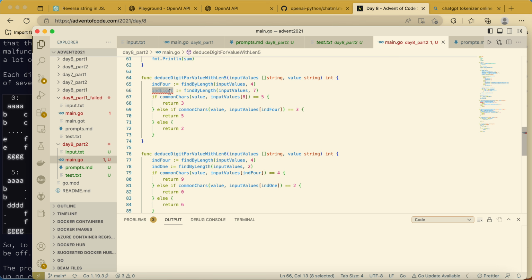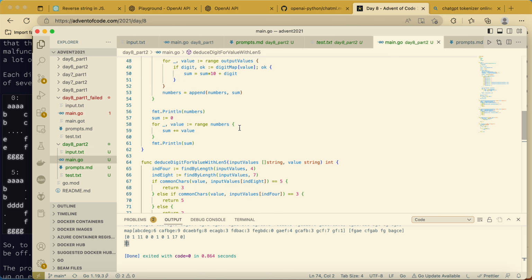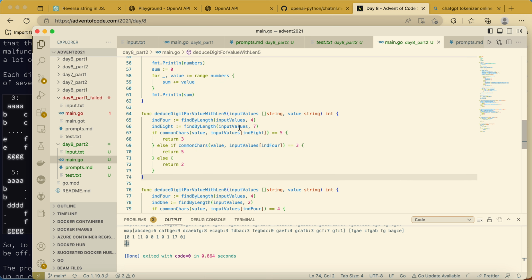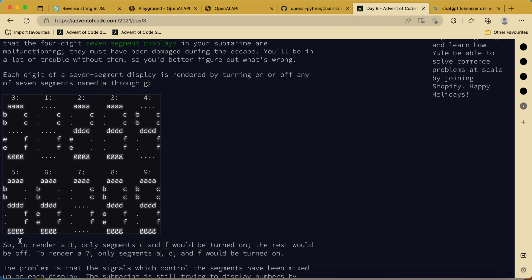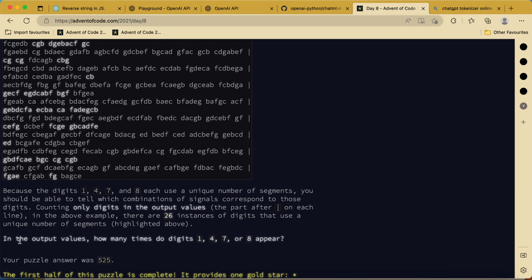And what can I do with index 8? Okay, use it here and see that there is exactly this matching that I expect. 31. I'm getting 31. Isn't that not what I would expect to get?